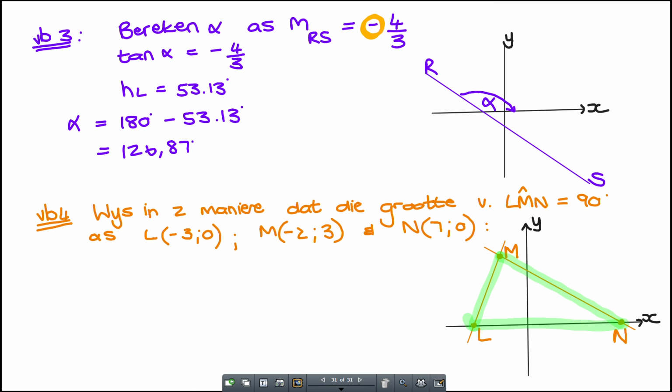Nou, kyk gou-gou. Wat is die inklinasiehoek van LM? Waar sal hy lê? That would be this one. Right? Is julle reg? Waar gaan die inklinasiehoek van MN lê? Hy gaan nie buite lê. En wat is die hoekie waarmee ons wil werk? Daai ene.